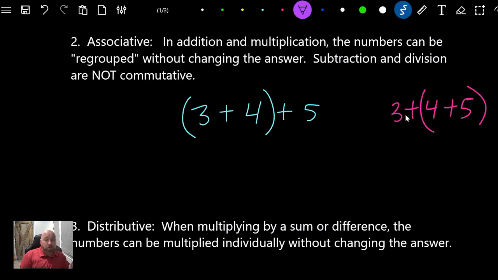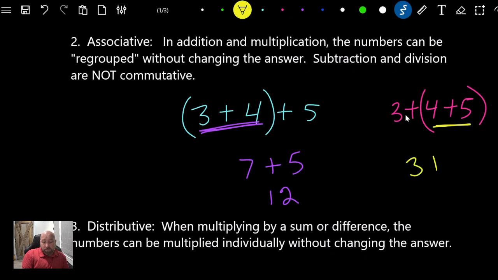All right, so in order of operation, you always do inside the parentheses first. So watch. 3 plus 4 equals 7. 7 plus 5 equals 12. We can do the same thing over here. Inside the parentheses first, always do that. 3 plus 9, 4 plus 5 is 9. 3 plus 9 is 12.